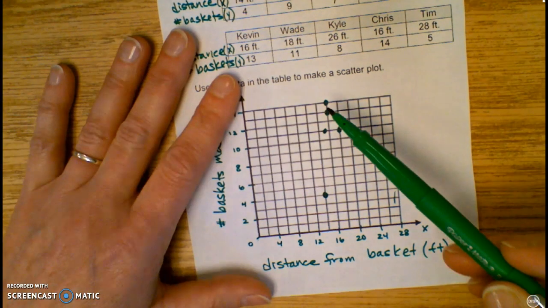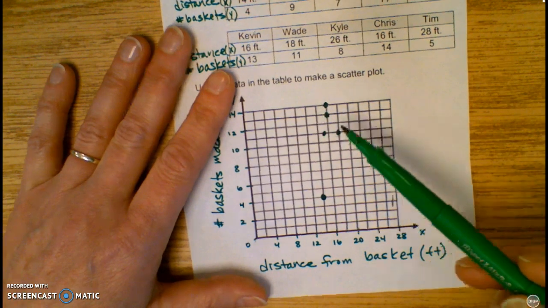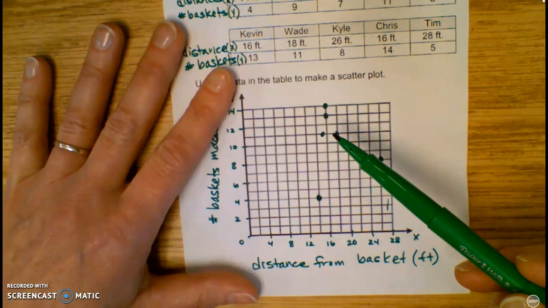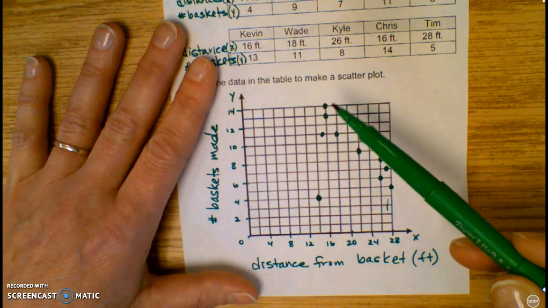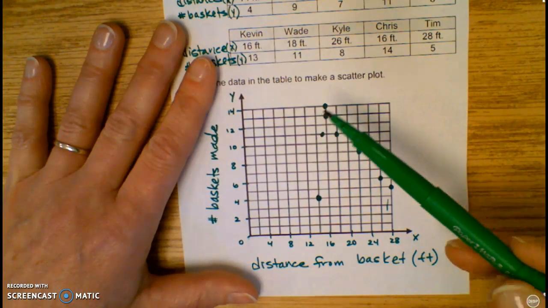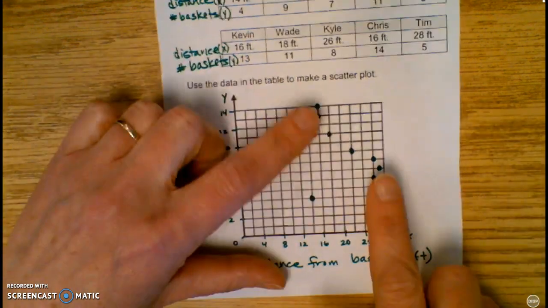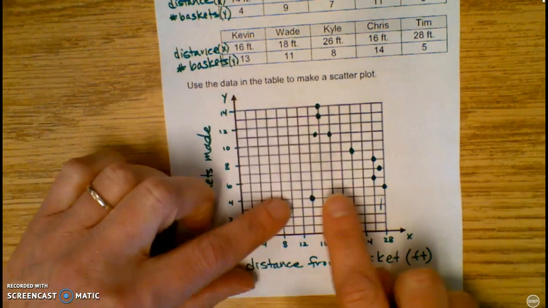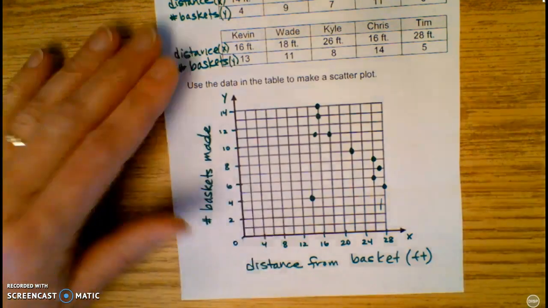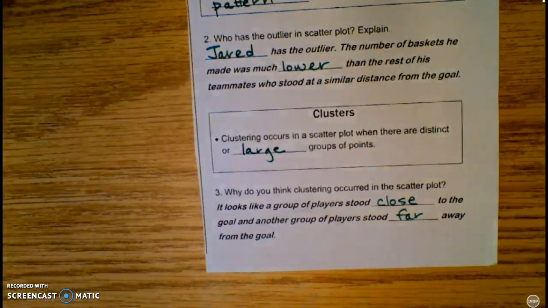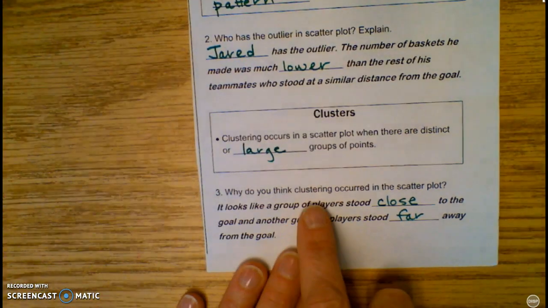And then technically, you could probably say that we have a cluster of data right here. There's 4 people who were standing at just about the same distance and that scored just about as many baskets as the people right next to them did. So we could say that we have 2 different clusters, and then we have this one little outlier in our data. And those pieces of information are really helpful to describe what's going on in the data that you have.